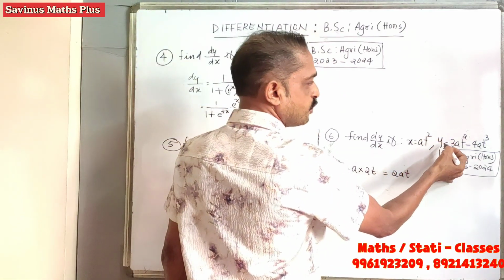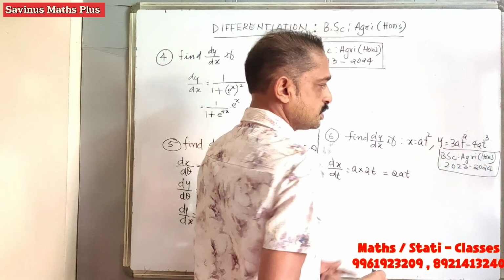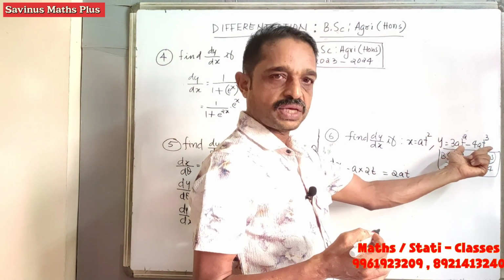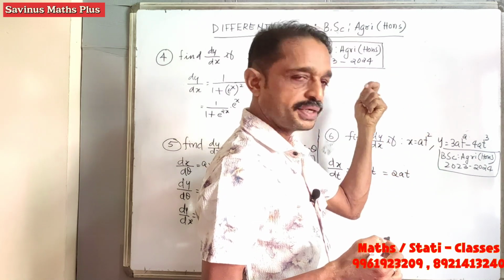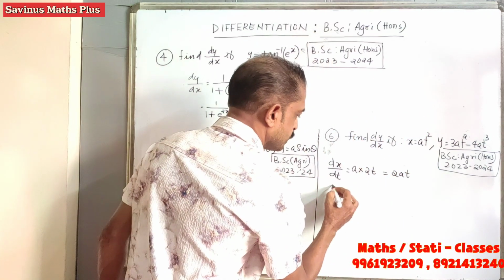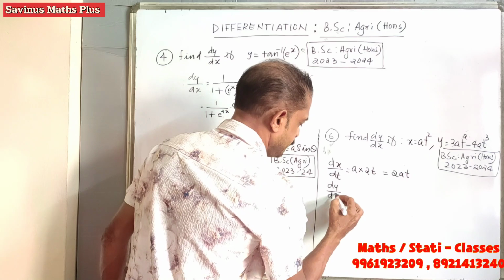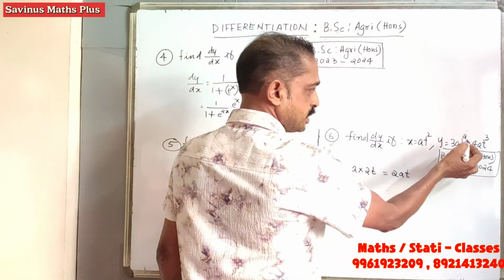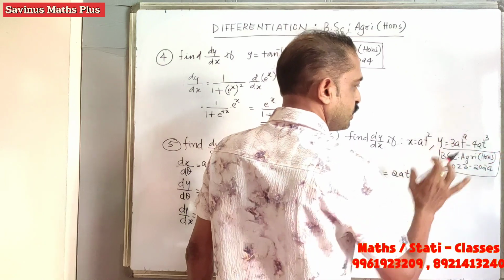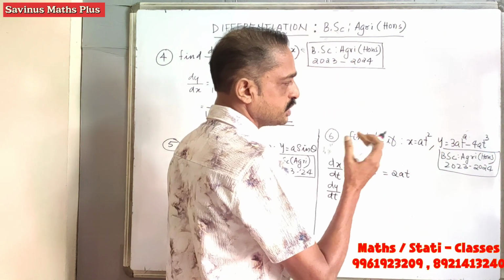So similarly y is a function of t. Since y is a function of t, we can differentiate y with respect to t, or we can find dy by dt. So what is dy by dt? Dy by dt is the differential coefficient of y with respect to t. So here we have two terms. We have to differentiate each and every term with respect to t.